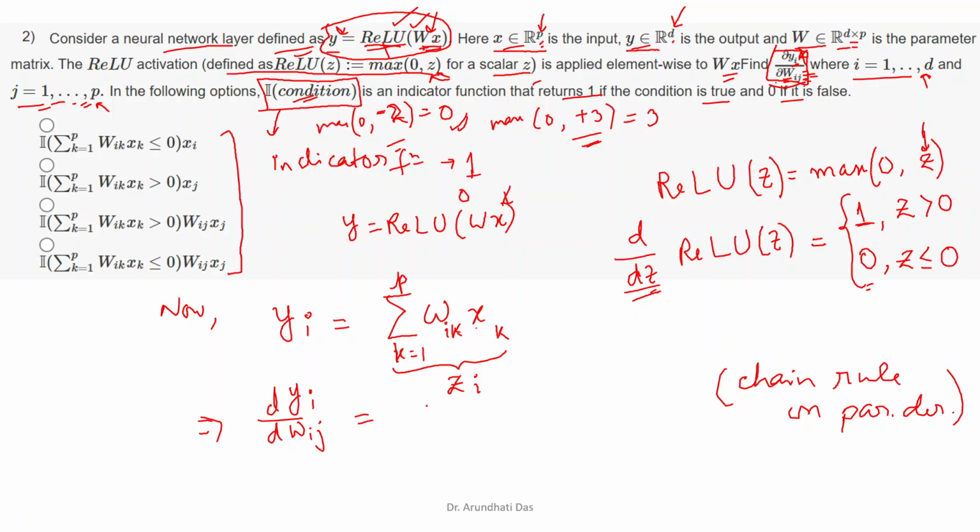So if I apply this chain rule, then it will be dyi by dzi, correct, multiplied by dzi with respect to dwij. So here again I hope this is clear. What I am trying to do is take the derivative with respect to wij, but I can see that in this complicated term the w term is not the only term.